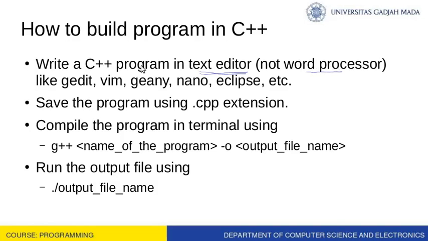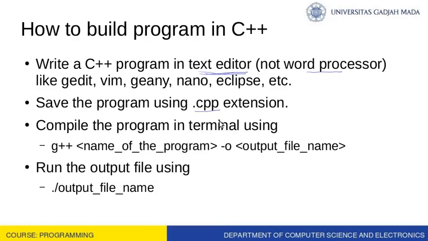After you write your C++ program in text editor, then you save it using .cpp as the extension. And then you can compile the program using terminal.